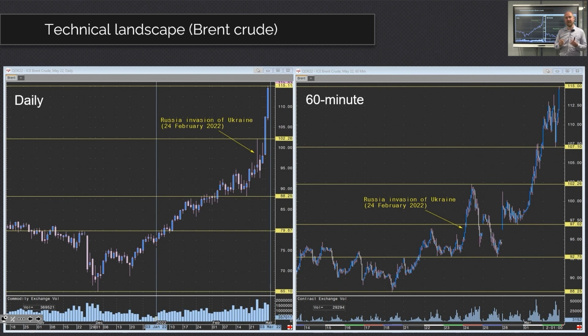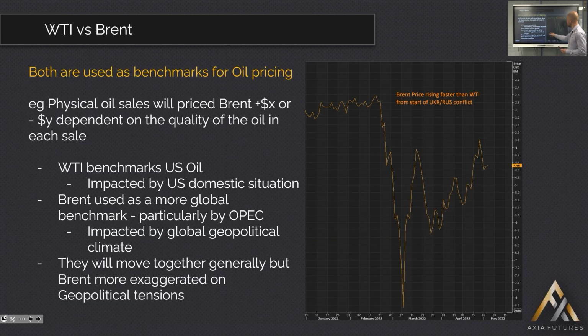Brent has a bit more sensitivity to Middle Eastern conflict. The reason being what goes into the Brent price and what goes into the WTI price. Now, for those of you who don't know a huge amount about commodity futures, the futures market is used as a benchmark.